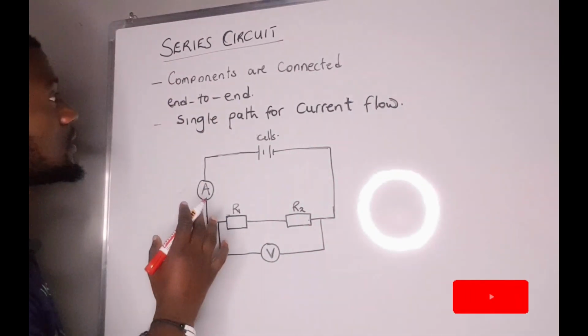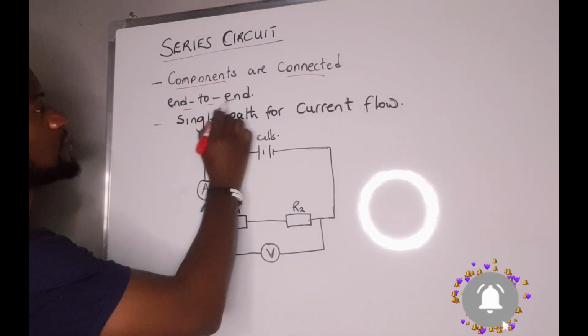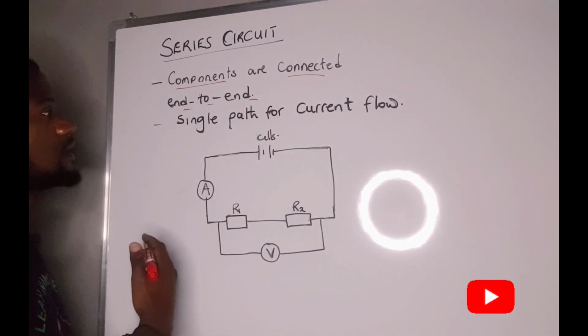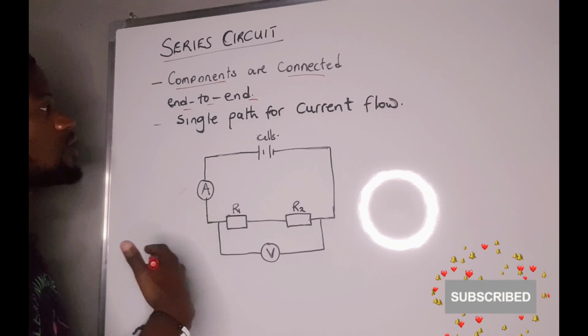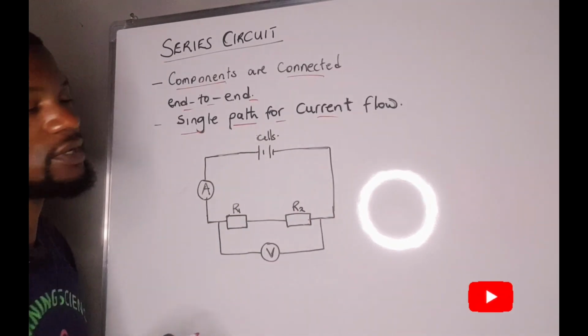In a series circuit, the components are connected end to end in order to create a single path for current flow.